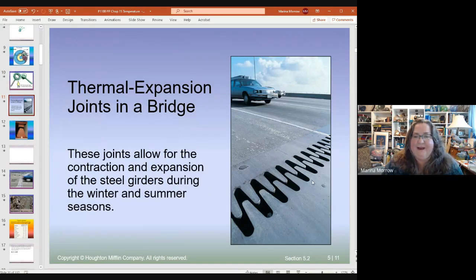Okay, now here is a bridge. And sometimes you may have driven across these funky finger things and said, oh, I hope those don't make me fall down. Anyway, what those are is they're expansion joints. And so the expansion joints allow the bridge to expand and contract as they go back and forth.